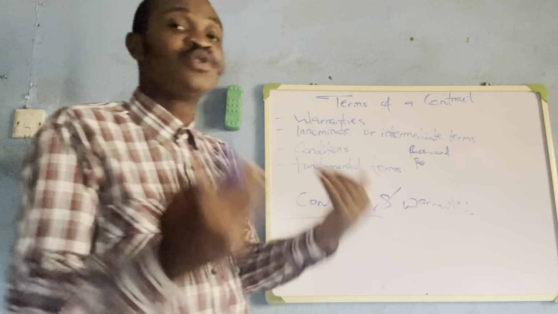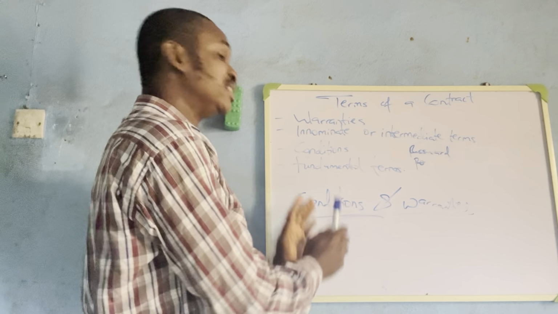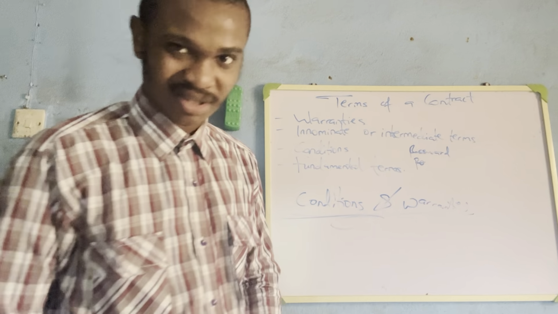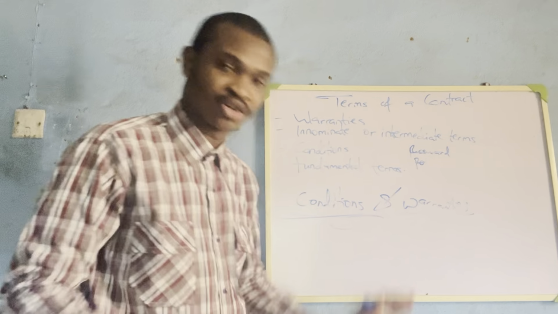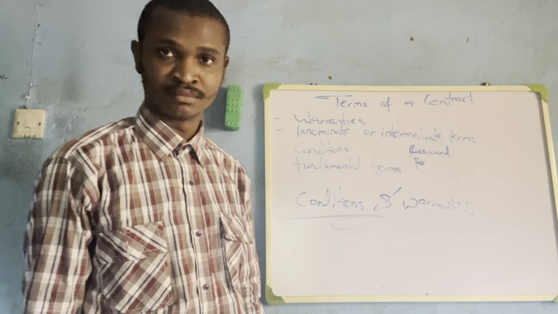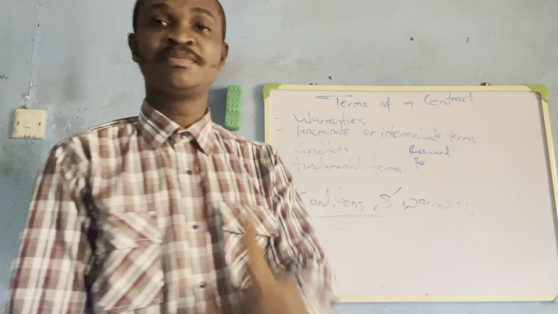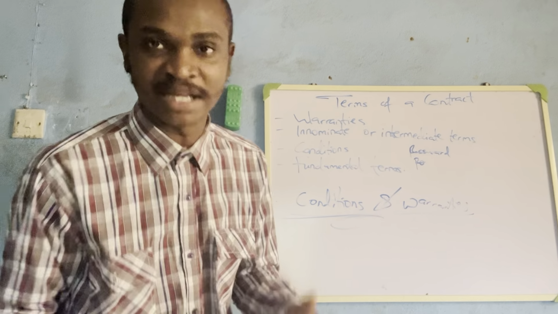So from the beginning, we already know that when a condition is breached, it leads to a repudiation of the contract and damages. Repudiation means discharge the contract. While warranties, when breached, you cannot discharge the contract. You can only sue for damages.